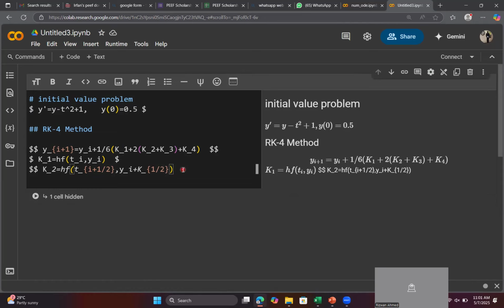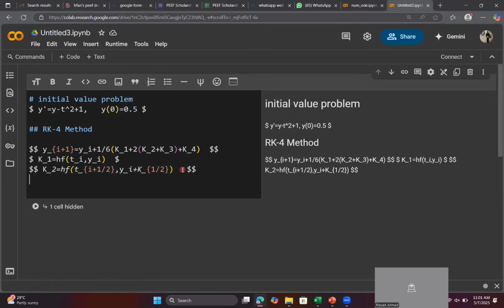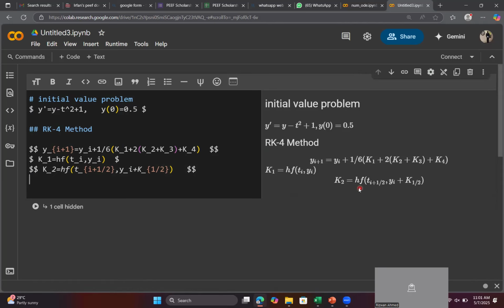In Google's Colab, the facility is provided for writing text and equations compatible with LaTeX style. So yes, this is the correct expression.